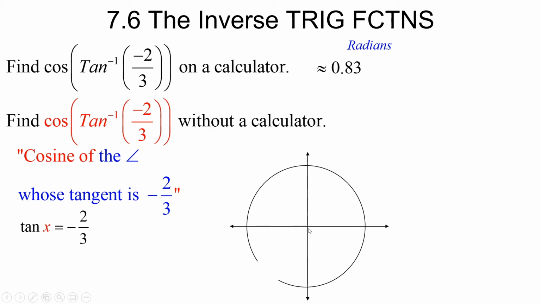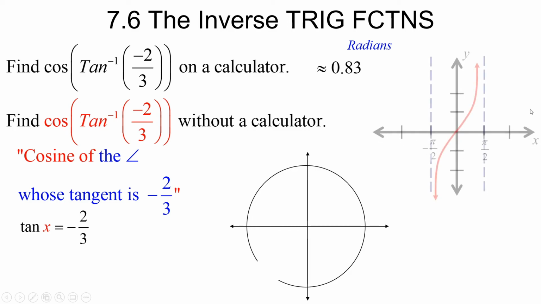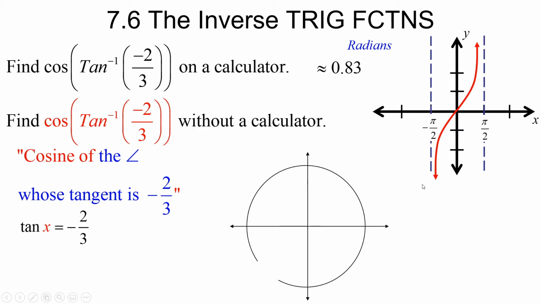So I'm going to have to use a quadrant 4 angle to diagram this. So again, there's my restricted domain. So restricted domain, x such that negative pi over 2 is less than x, and x is less than pi over 2. So that's the open interval from negative pi over 2 to pi over 2.